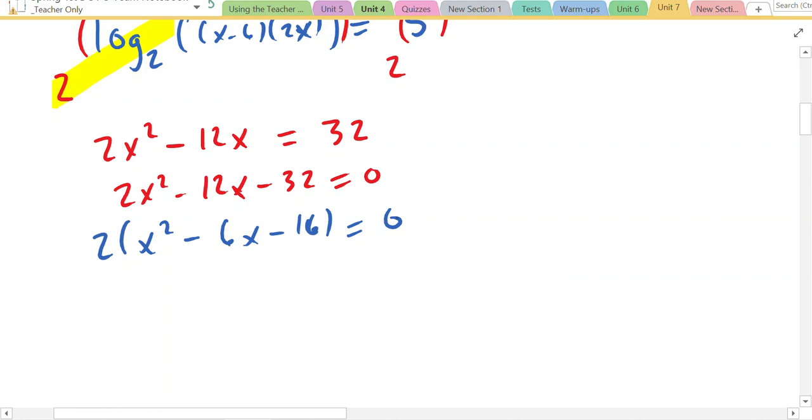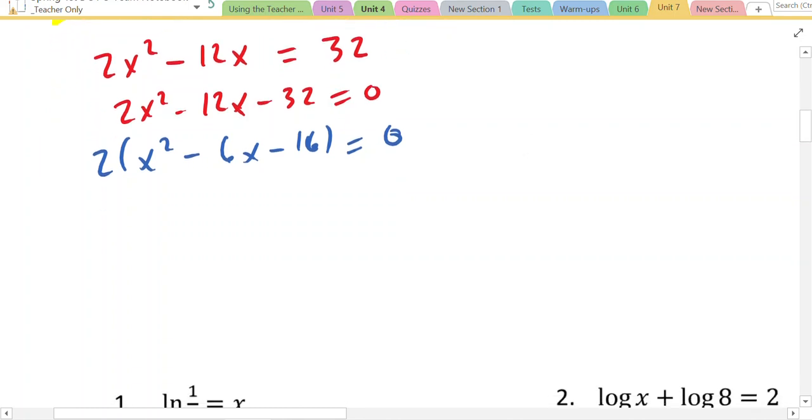And now we're going to factor it. This becomes 2 times x. The only way to get x squared is x times x. We have 16. We need two factors for 16. Since it's minus 16, I know that the two factors, when we factor, are opposite in sign. So one's plus and one's minus. I'm just going to write them both minus for now.